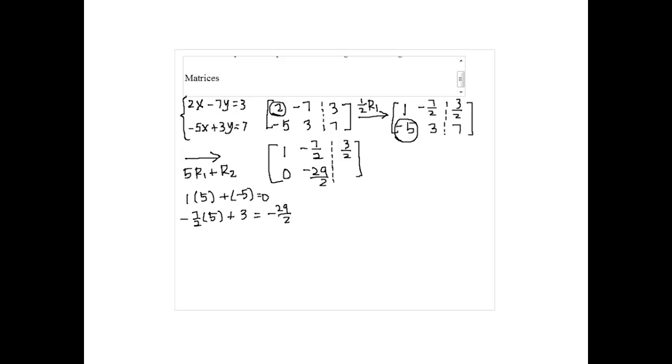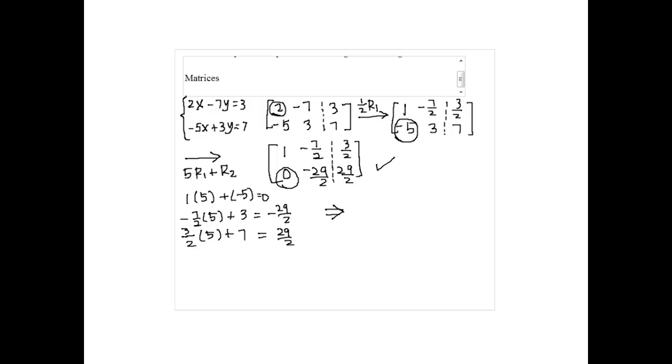On the last entry, we have 3/2 times 5 plus 7, which is 29/2. Since we have a 0 on the left bottom, we're successfully done with matrices.